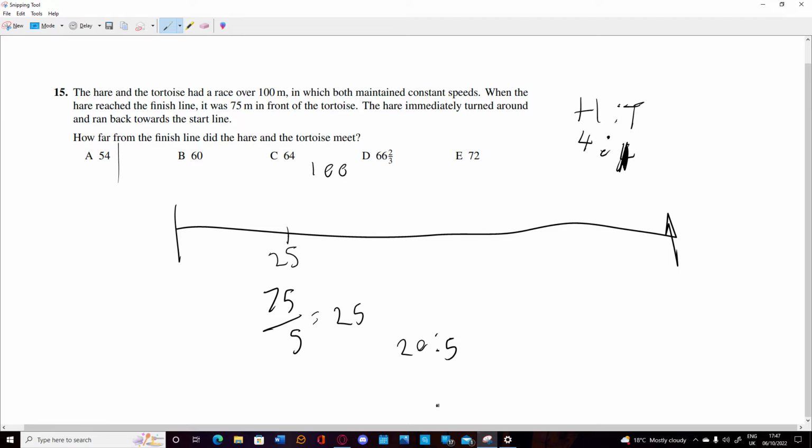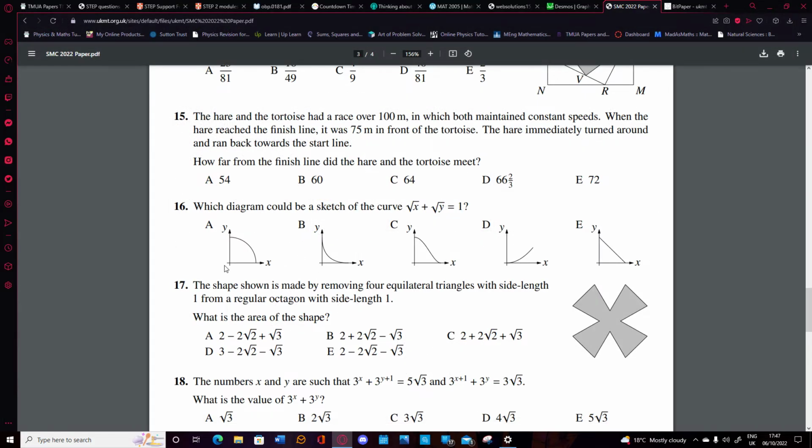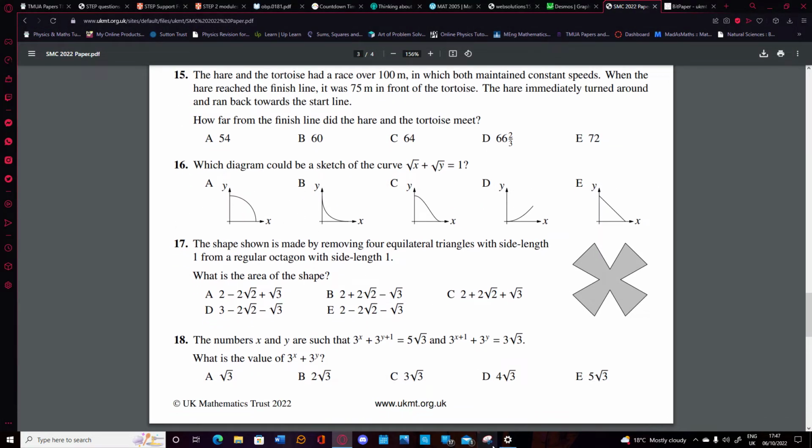Yeah, and then it's the same as just the ratio 60 to 15. So the tortoise travels 15 meters from here, ends up at 40. Hare travels 60, and they end up 60 meters away from the finish line, which is B. Okay.